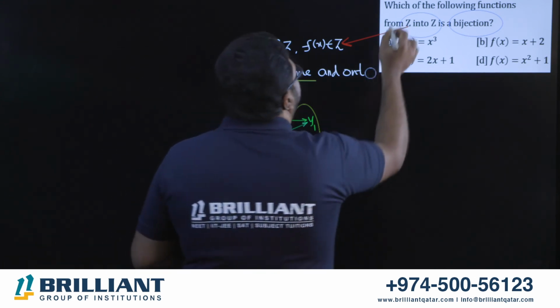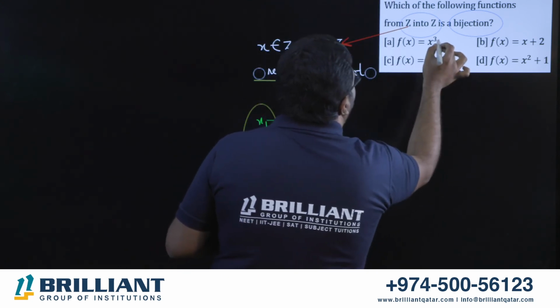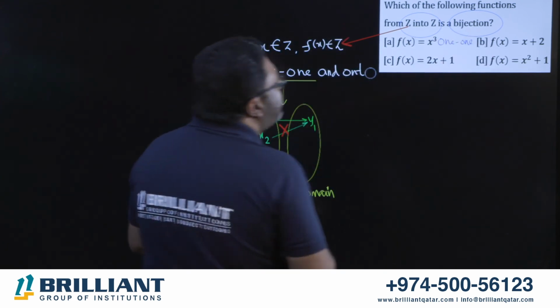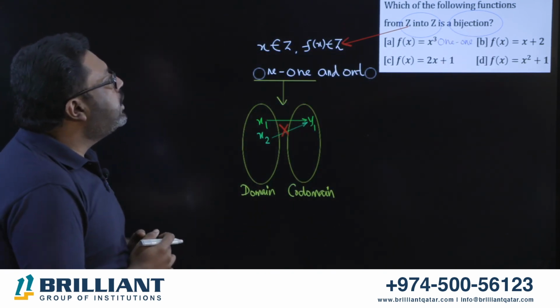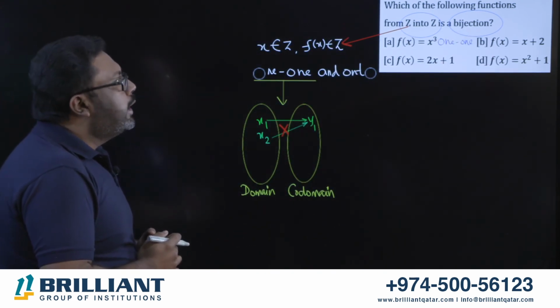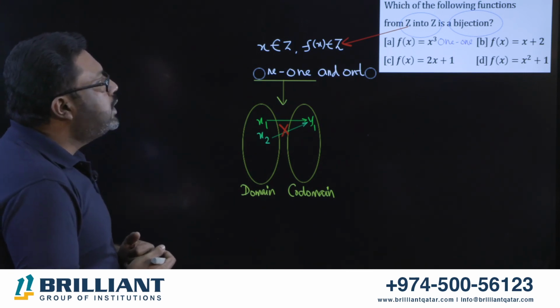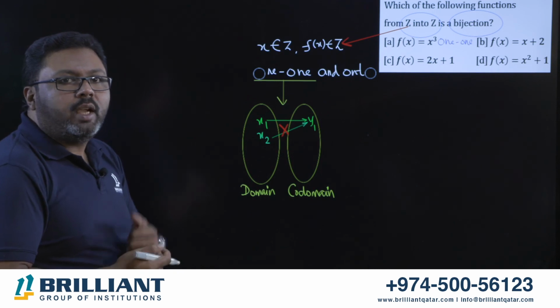So this function f of x equals x cube is 1-1. Is it onto? That is the problem. Check whether it is onto.